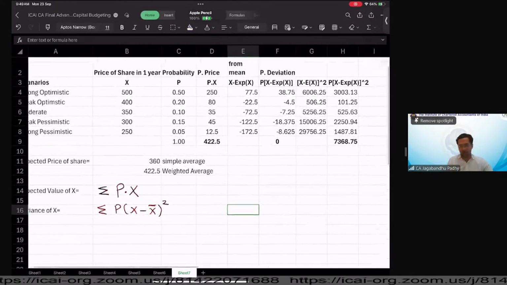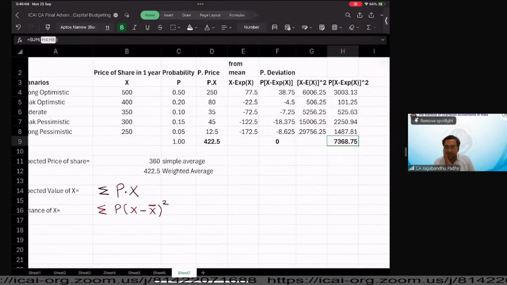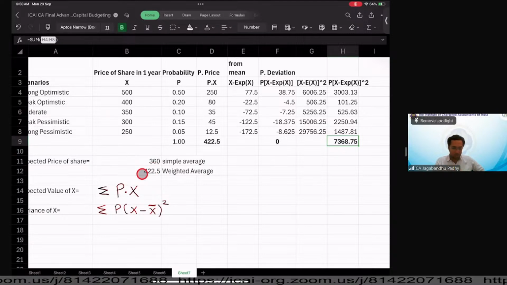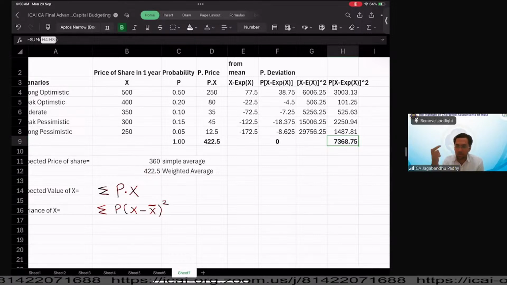But do you really feel that 7368 is really a measure of deviation in the share price, or deviation in the expected share price? Do you see 422.5 to be increasing by 7368 or falling by 7368? No, because it's a magnified number. It's a squared number, right? So I need to rectify it.